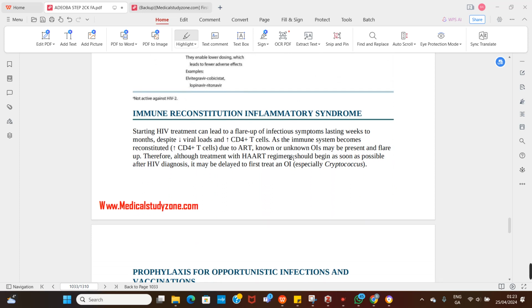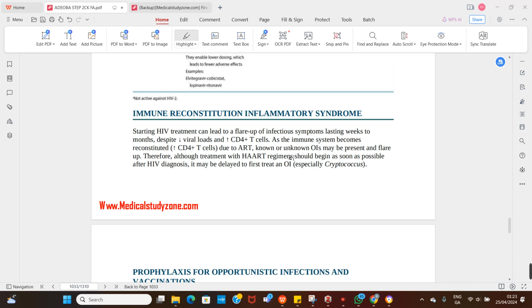So what is the phenomenon of immune reconstitution inflammatory syndrome? In summary, it's just reconstitution of the immune cells, because what HIV does is just reduce the number of the CD4 count, right? So the immune cells become very weak.